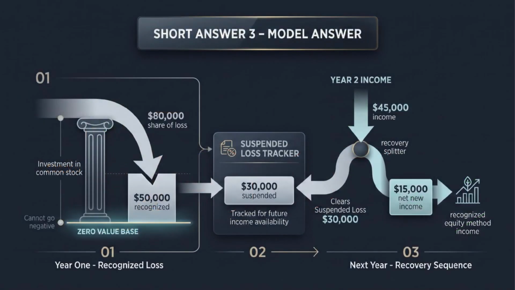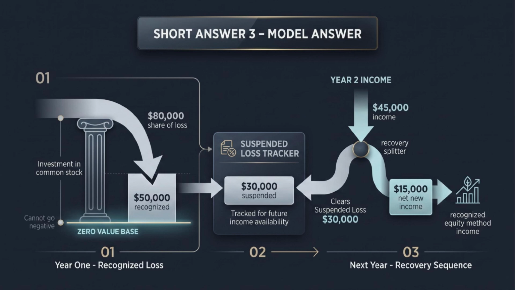The model answer is this. In year 1, recognize $50,000 of loss to reduce the investment to zero. The remaining $30,000, calculated as $80,000 minus $50,000, is suspended and tracked off balance sheet. In the next year, the $45,000 share of income first clears the $30,000 suspended loss.